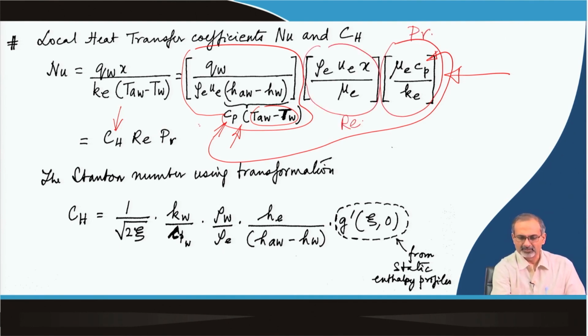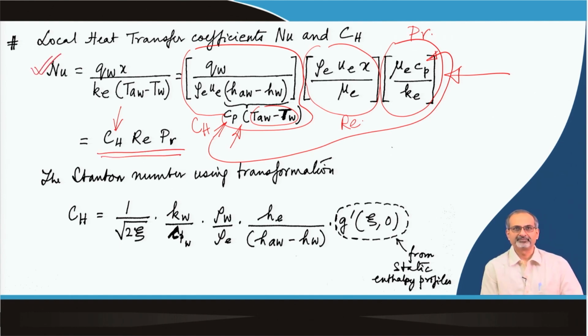So, you have a beautiful combination of non-dimensional numbers representing the Nusselt number, which basically also means that if you were to calculate Stanton number for the flow, then automatically by plugging that into this relation you can get the Nusselt number.